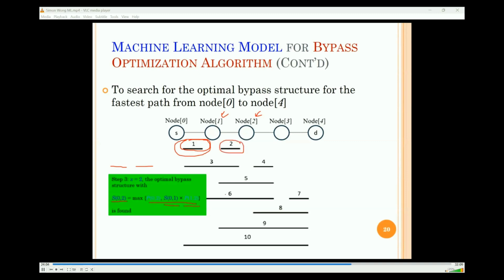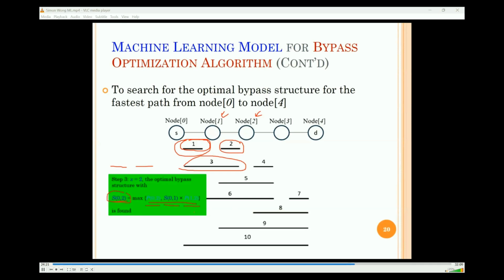And now at step 3, we find this P02. So the maximum of this will become S02.